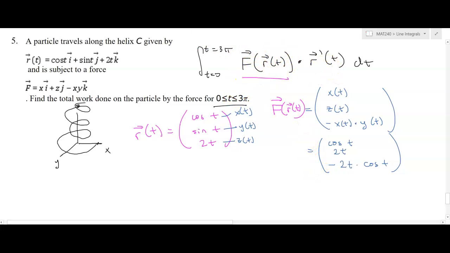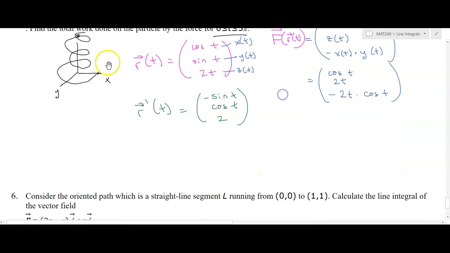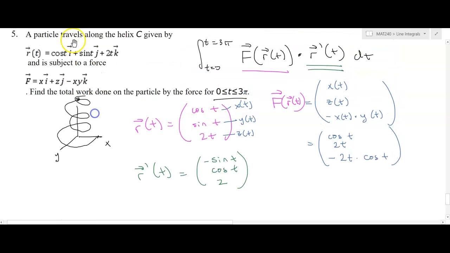Now I need the derivative of that position vector, which is r prime of t, and that's just going to be the derivative of all of my components of position. So the derivative of cosine is negative sine. Sine's derivative is cosine, and the derivative of 2t is 2. So when I calculate this dot product now, I have everything I need. I just need to put the pieces together.